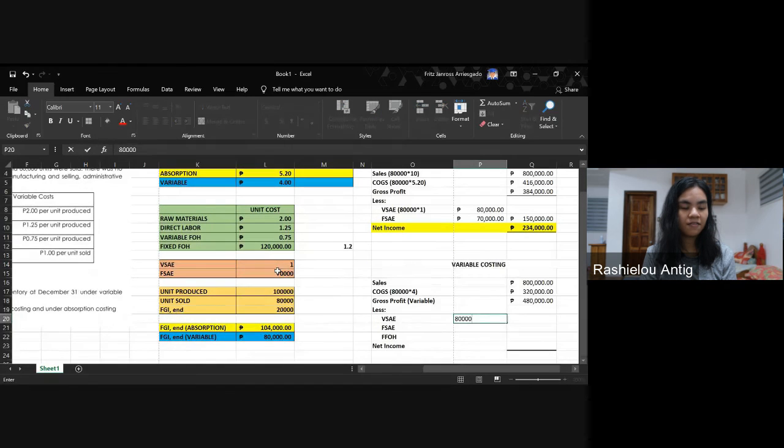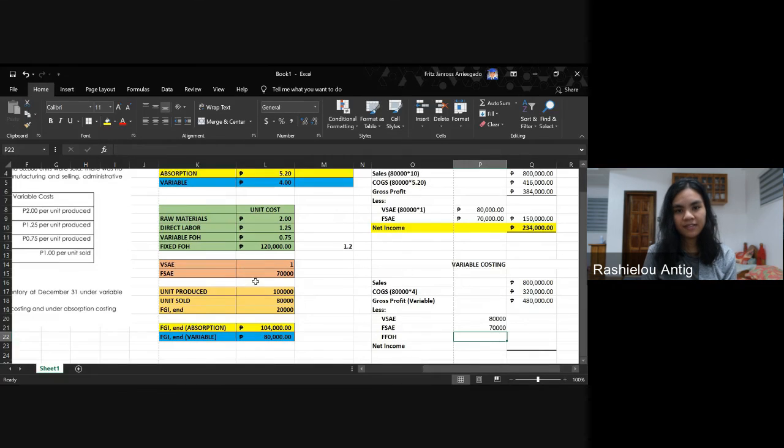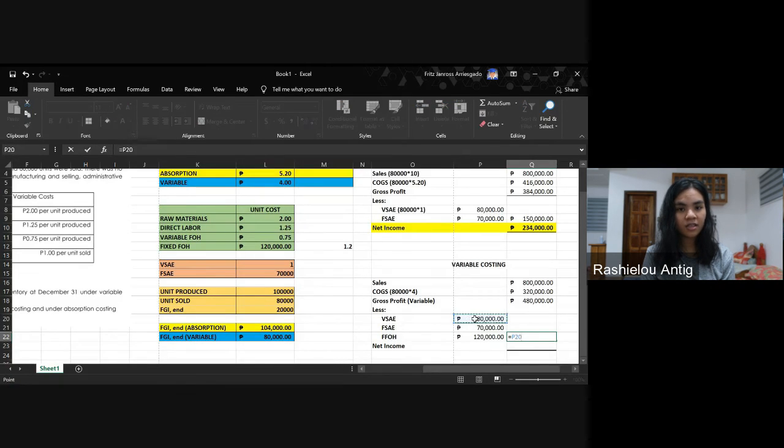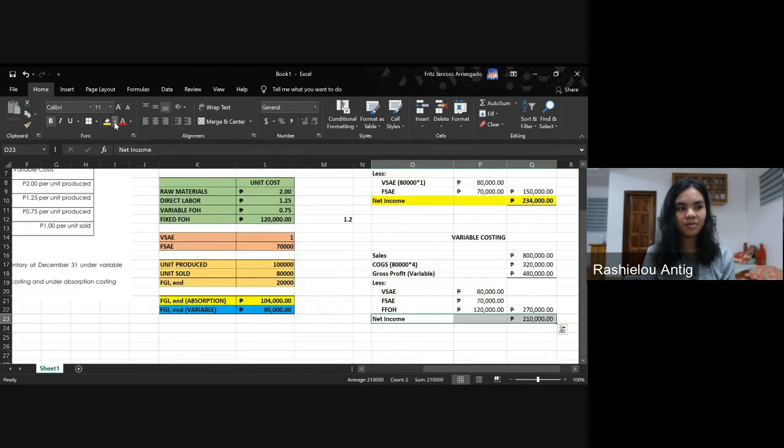Then we have the fixed selling cost, which is 70,000 pesos, and our fixed factory overhead, which is 120,000 pesos. We deduct all that from 480,000 pesos, our gross profit, and that gives us 210,000 pesos. So that is net income under variable costing.